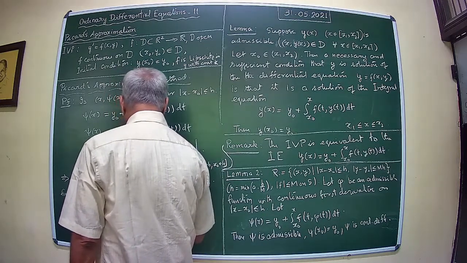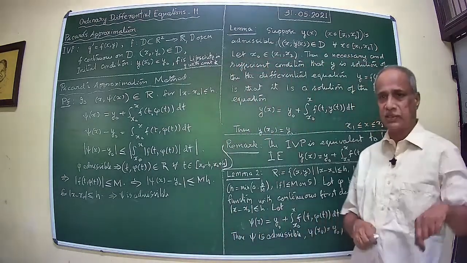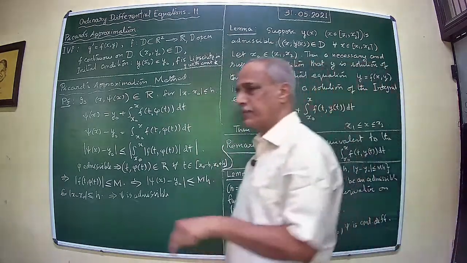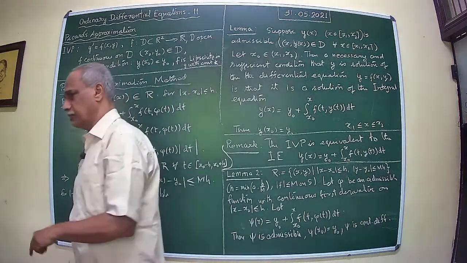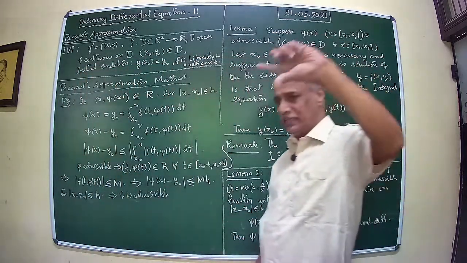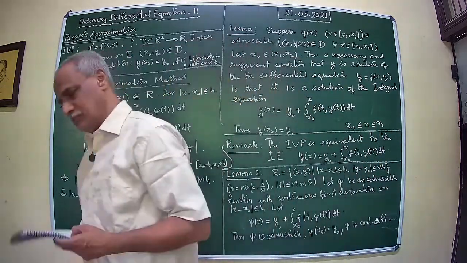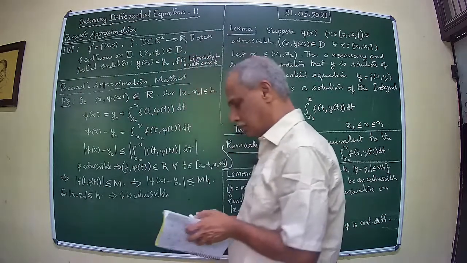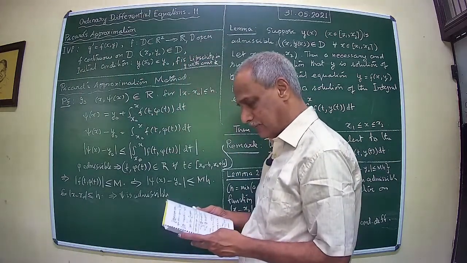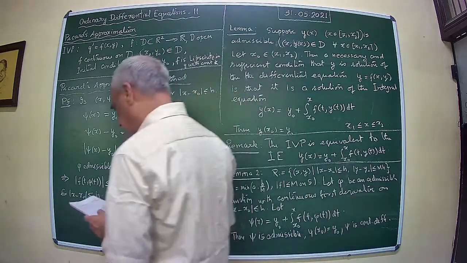Now this is going to be a crucial thing in the argument, because we start with an admissible function, put it to the machine, you get another admissible function, put it back, you get another admissible function. Therefore you generate a sequence of admissible functions. Okay, so that's our technique. So this is what you have.